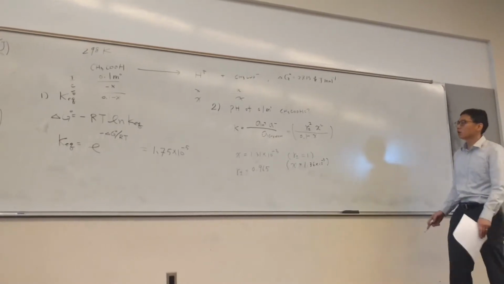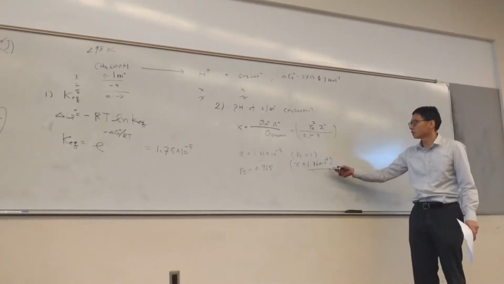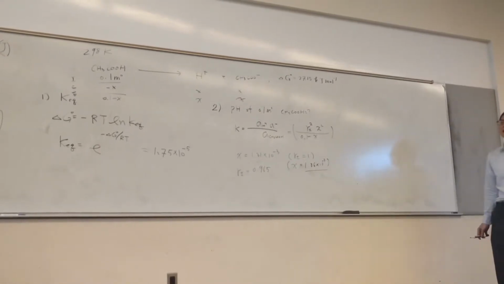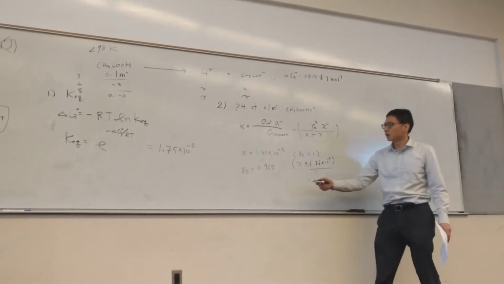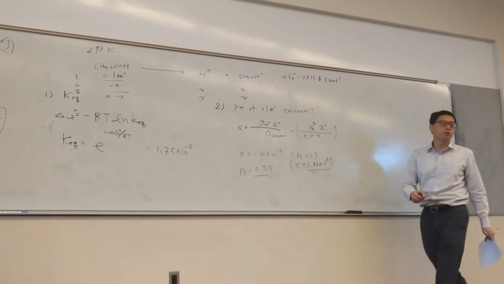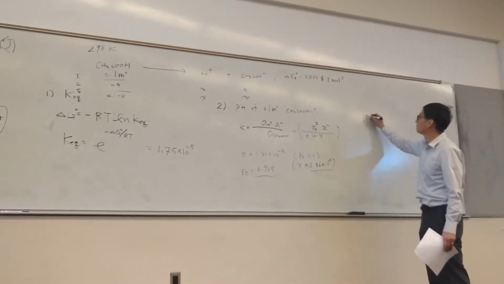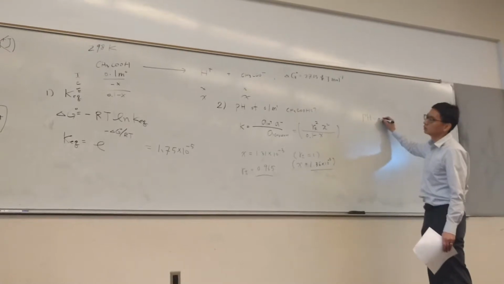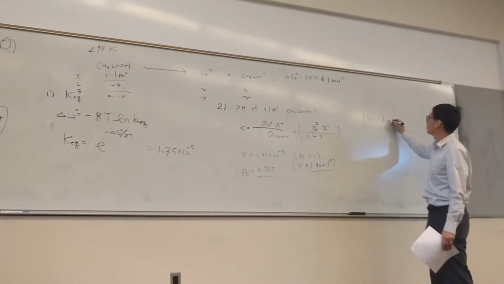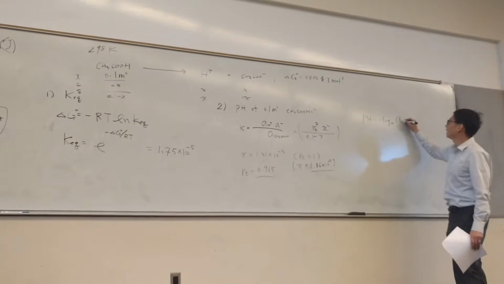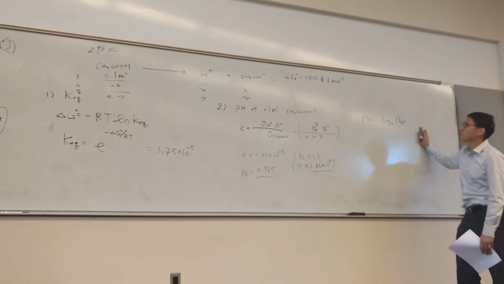Alright, so now you know, at equilibrium, that's the concentration of your H plus. That's the gamma for your solution, right? So now you need to calculate your pH, because your pH is going to equal to negative log 10 A H plus, right?